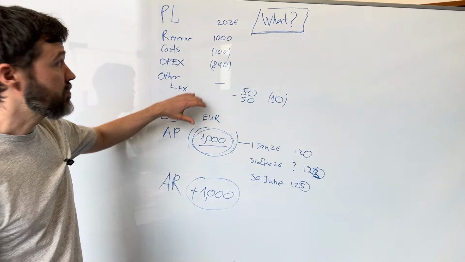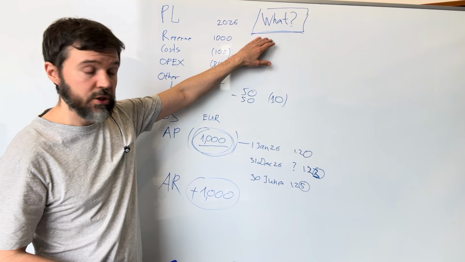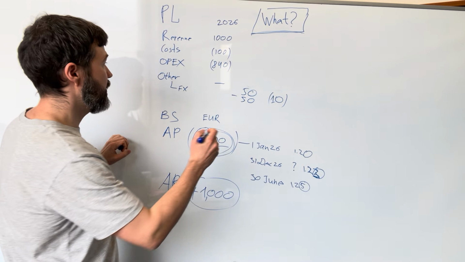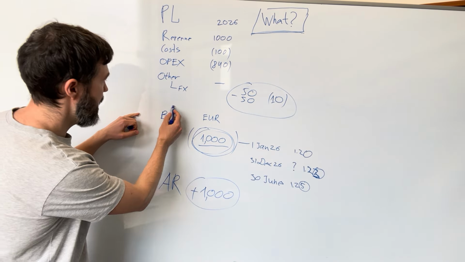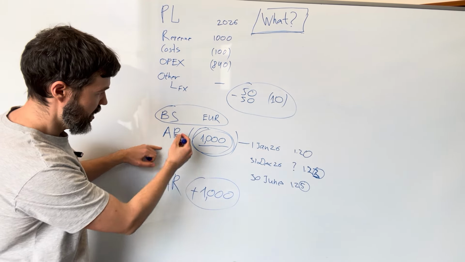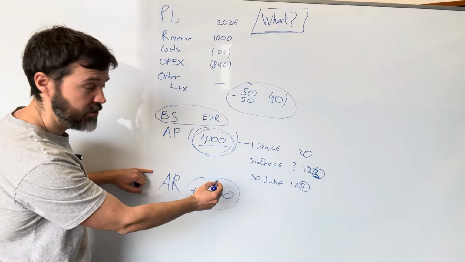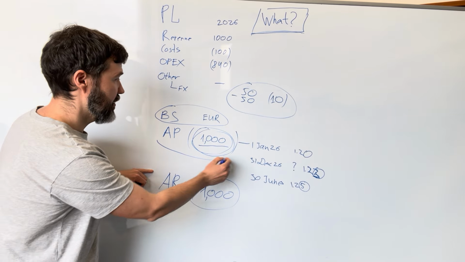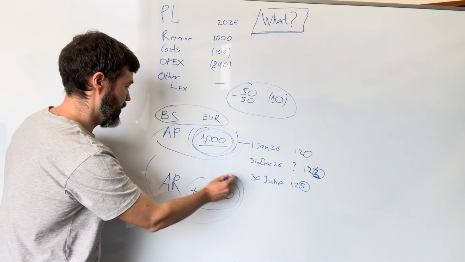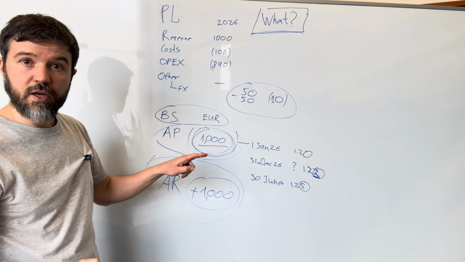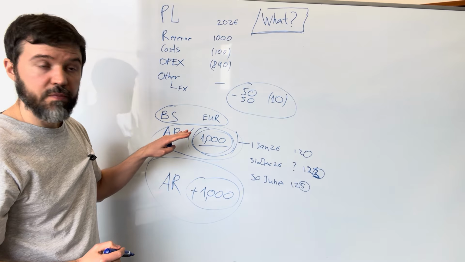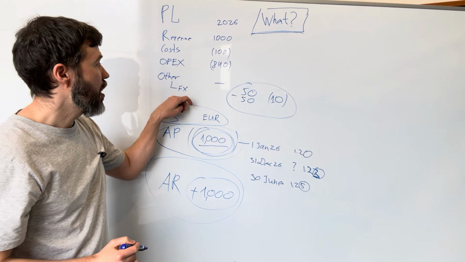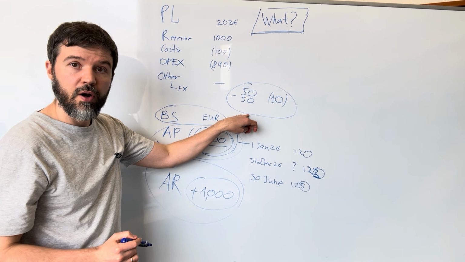Okay, summarizing, know what to hedge. And this FX difference comes from balance sheet items revaluation. Okay, then if you have something on the balance sheet, accounts payable or accounts receivable, in a currency other than your functional currency, believe me, it will hit your FX here.